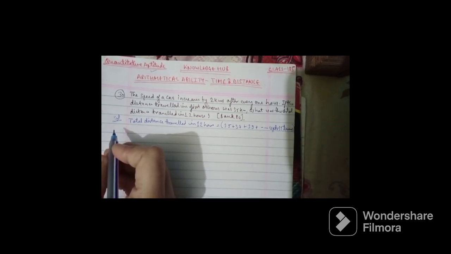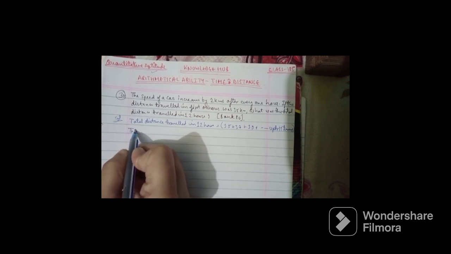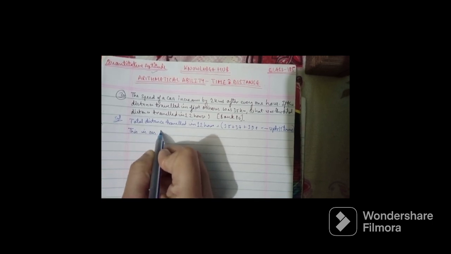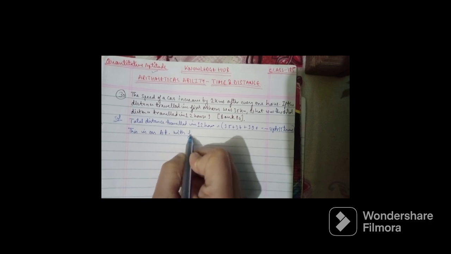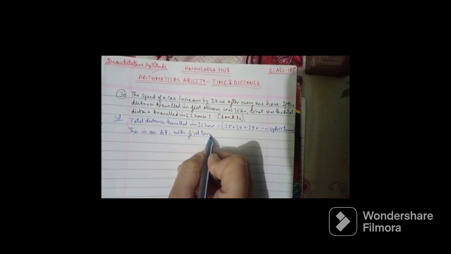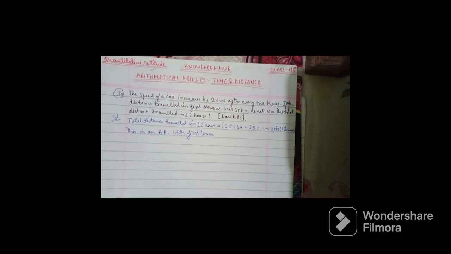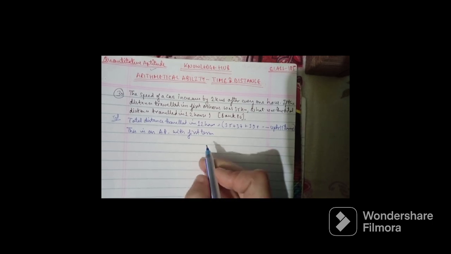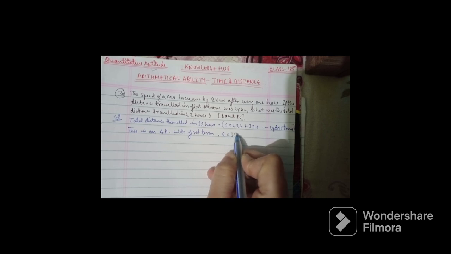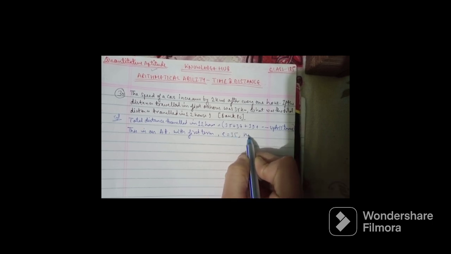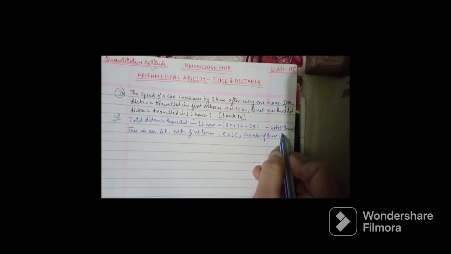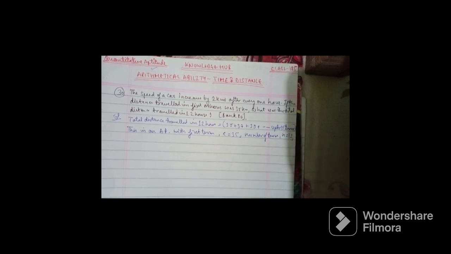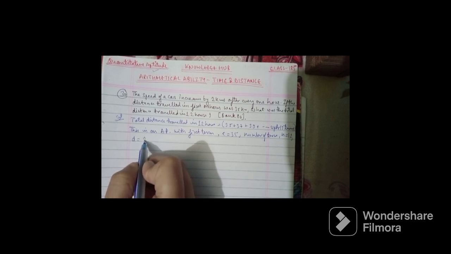This is an AP, that is an arithmetic progression, with first term a equals 35, number of terms n equals 12, and common difference d equals 2.